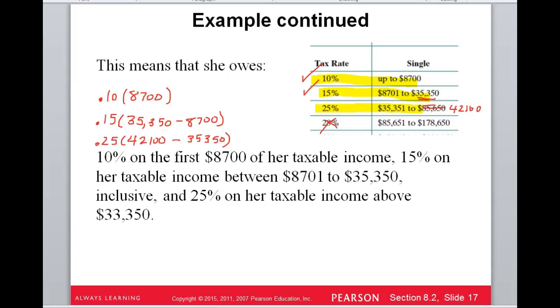Notice it's just all of this number right here times this rate, and then it's this upper number minus that previous amount at this rate, and then it's this upper number once we've substituted in, because she didn't make as much as the upper number here, it's this number minus the upper number from the previous bracket at that rate. That's where this is coming from.